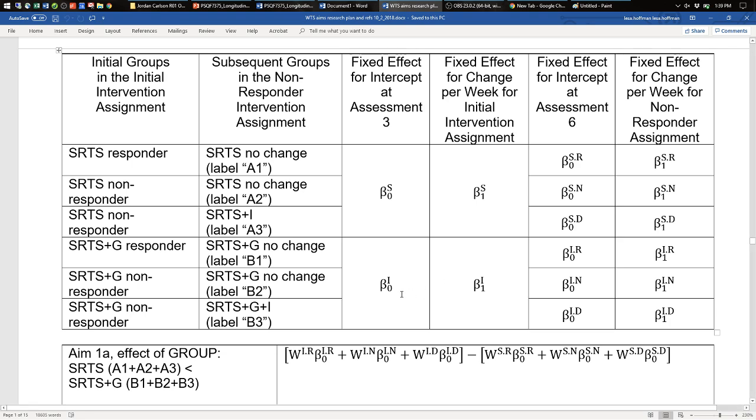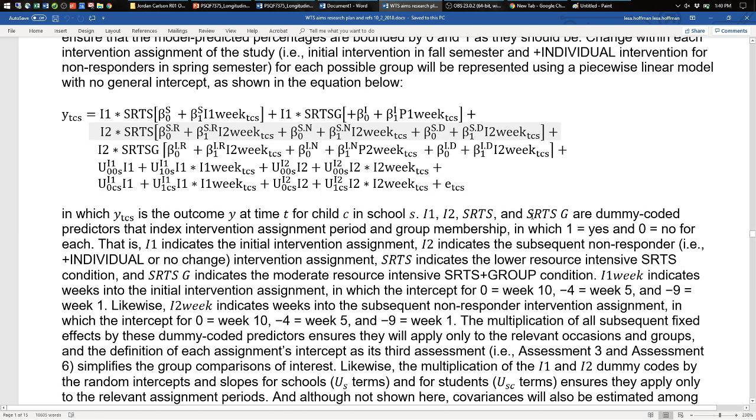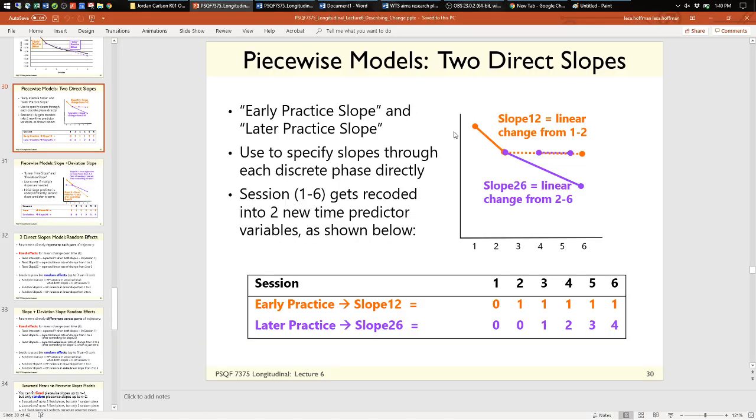Figuring out how time intersects and what kind of random effects need to be there, that's the extra part that you're learning about right now. So that one's easier. You get a chance in your homework 6, which is available now, to practice 3-piece slope codings. It's a 3-piece model. But you're doing this version, the direct slopes, which is going to be much easier.